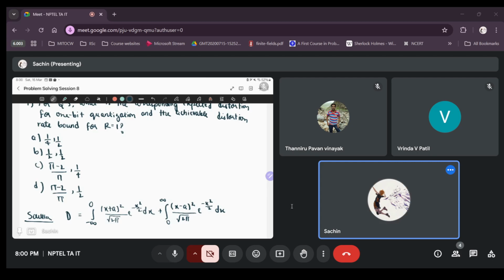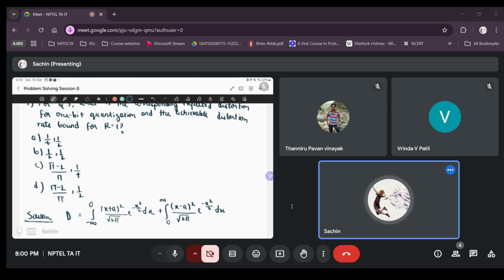So if x is the value that was sent, you reconstruct to value a, then error is x minus a, and square of error is x minus a whole square. And for this error, the density function is the Gaussian distribution because you are transmitting a Gaussian distributed random variable.